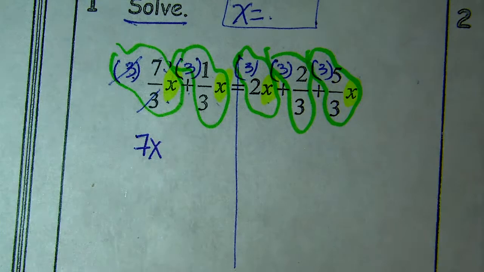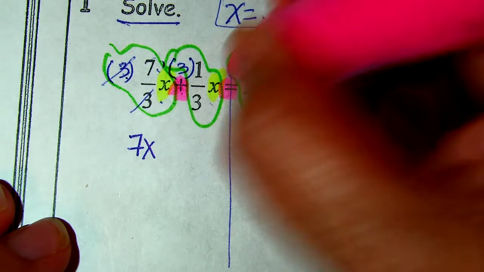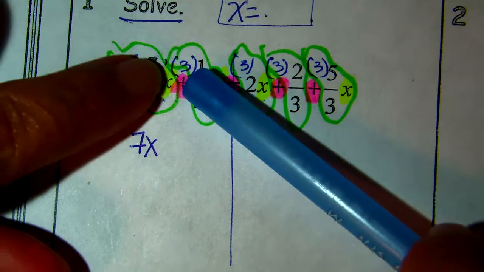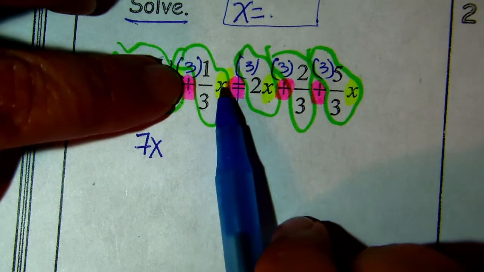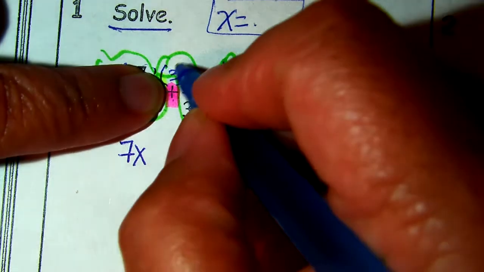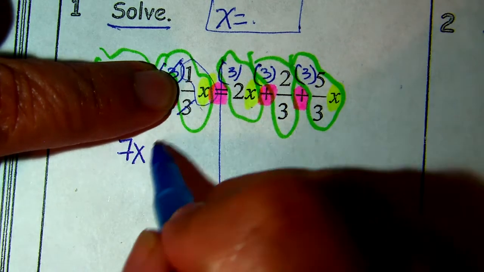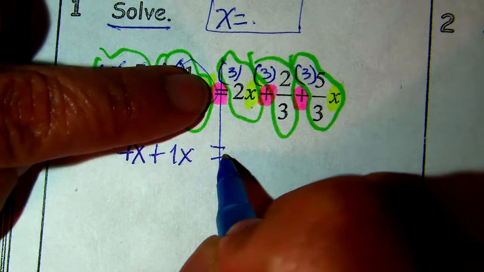Plus, then we have the plus sign. Let me highlight the plus signs here and the equals, because these are what separate each of the terms. On this one, cross out the 3 with the 3. What do you have left? 1x plus 1x. Bring down the equal sign.